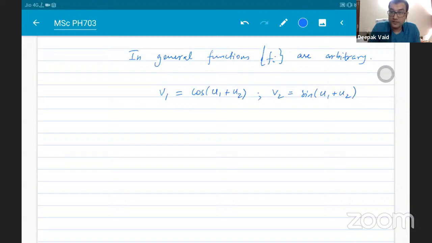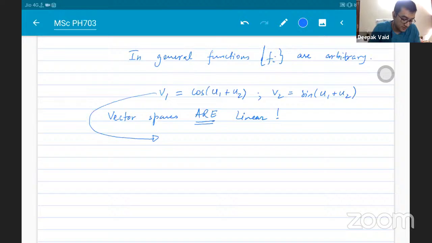But there is a problem with using such functions. What is that problem? What is the fundamental characteristic of vector spaces? They are linear, right? Linearity is the fundamental property of vector spaces. So if you use functions like this, these are non-linear functions, right?